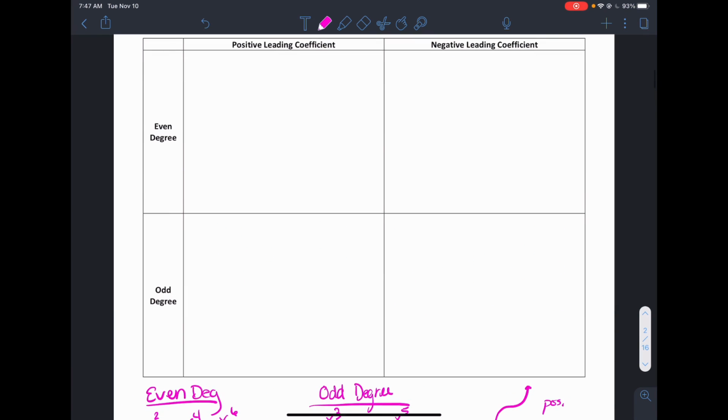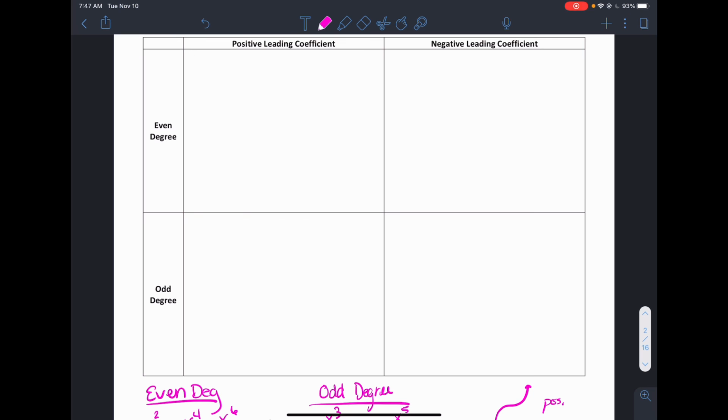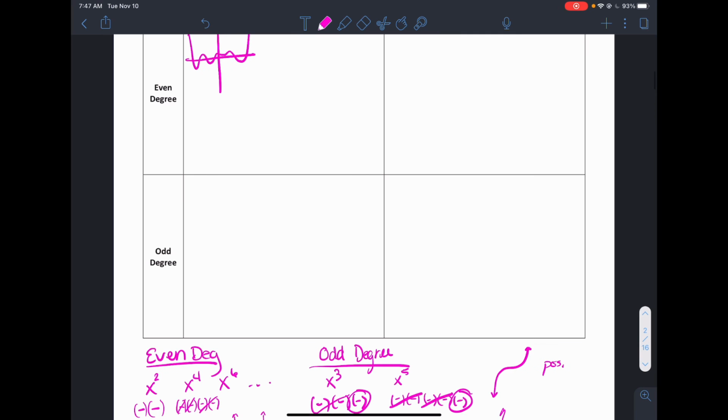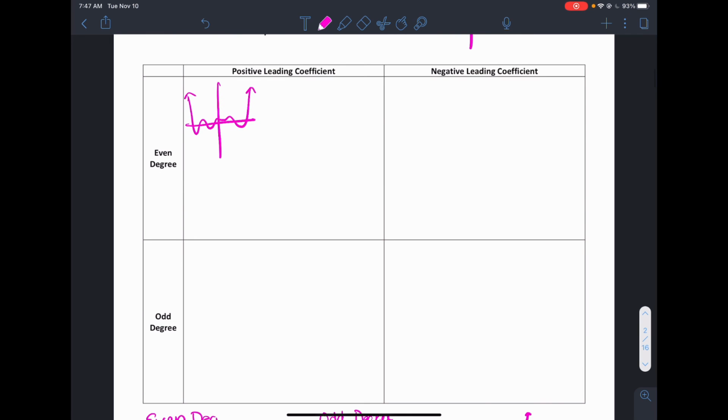So when I'm filling in this chart, we can imagine that an even degree with a positive leading coefficient, we don't know what the middle looks like, it may squiggle around, but both ends point up. With a negative leading coefficient, it would just flip upside down. We don't know what it does in the middle, it can squiggle around, but both ends will end up pointing down.